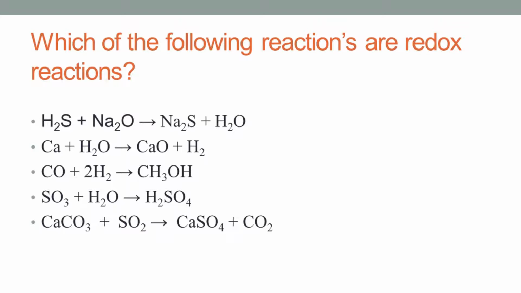Oxygen in sodium oxide and oxygen in water, they both have the same oxidation number of -2. Therefore, this is typically not a redox reaction. Try to identify the oxidation numbers of the different elements in the reactants and products and see if you can identify the part of the reaction that undergoes oxidation and part of the reaction that undergoes reduction.